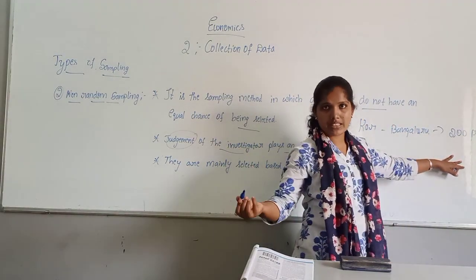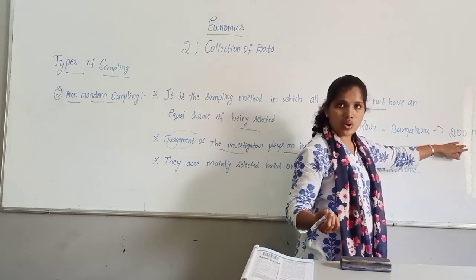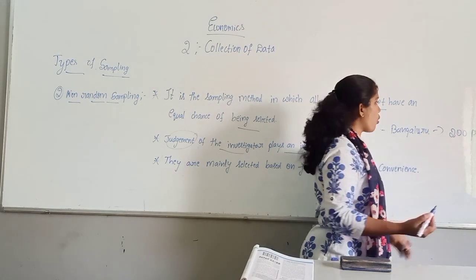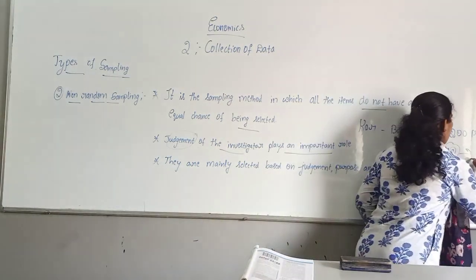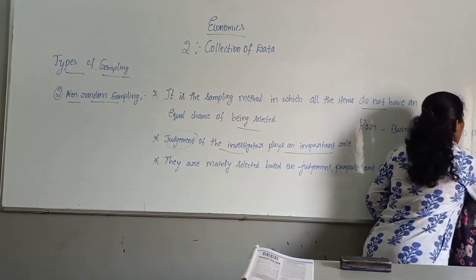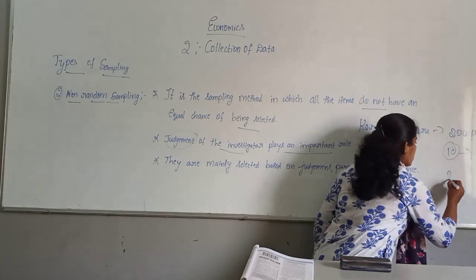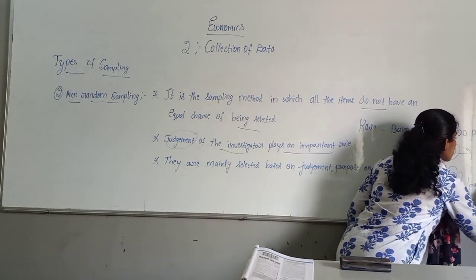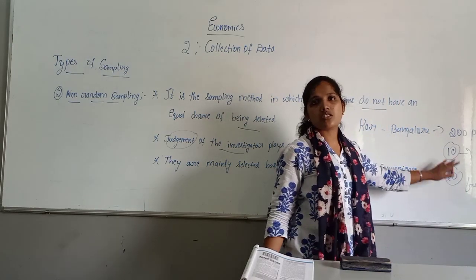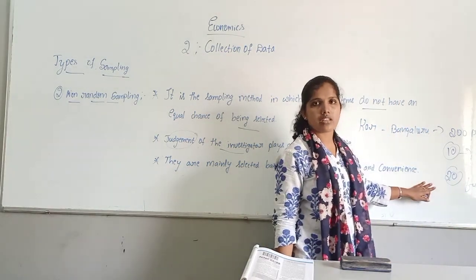That was the first method. But among these 200, if I take only 10 from the first or only 20 from the last, then this is known as non-random sampling.